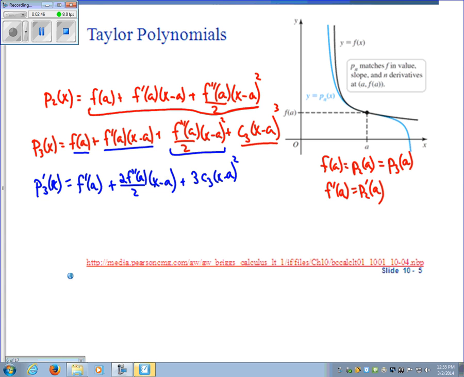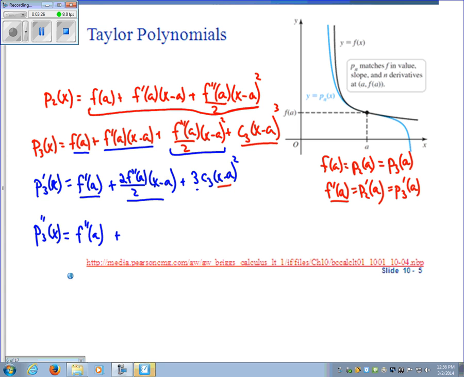I can see here that for the derivative of p3, when I plug in my a, this last term is going to be 0. So it's still going to agree with the derivative of the function's value, just like p2 prime did. Okay, let's take the second derivative now. p3 double prime of x: the derivative of this one will be 0. This one will have a derivative of f double prime of a.